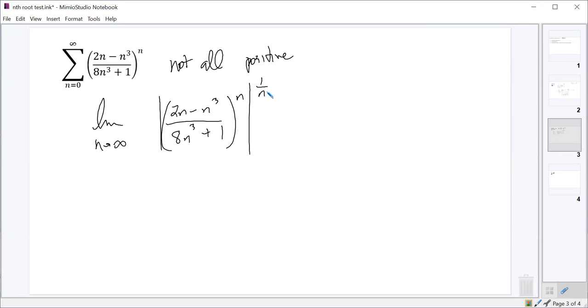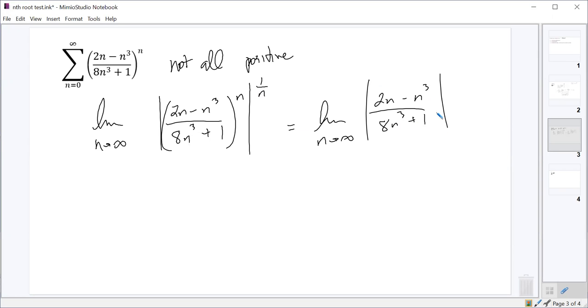And very conveniently, the n and the 1 over n as powers will cancel each other out, right? And so we just end up with the limit as n approaches infinity of the absolute value of 2n minus n cubed over 8n cubed plus 1.